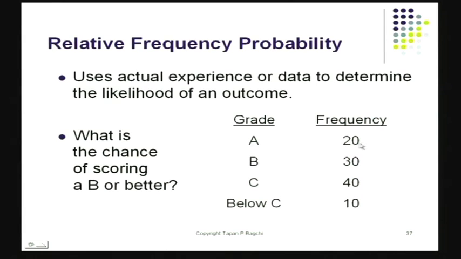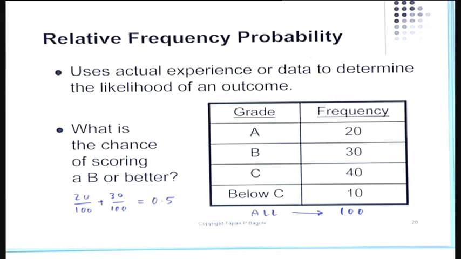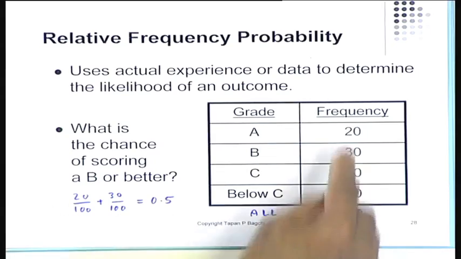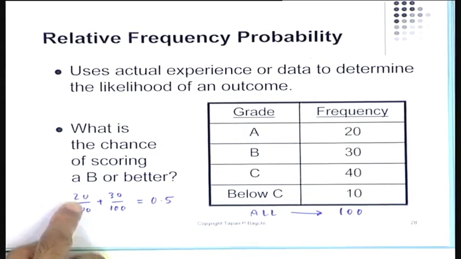What is the frequency there? 20 plus 30 divided by the total number, which is 100. So that turns out to be, in this case, something very straightforward, 0.5. I've just written it down, and I've got this little calculation there, and you can really see that the calculation shows you first the total count of all the students, and then scoring B or better.